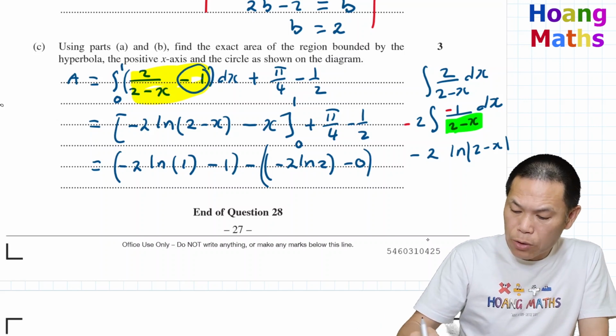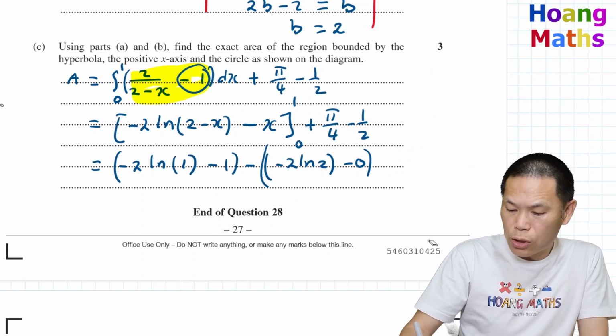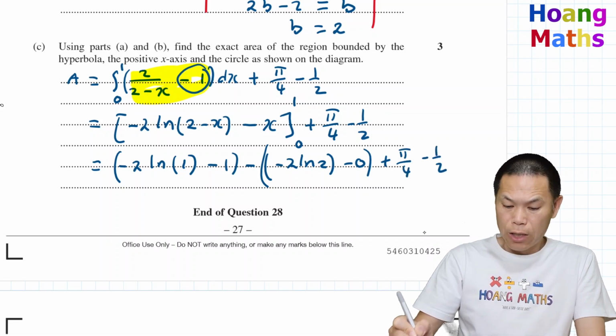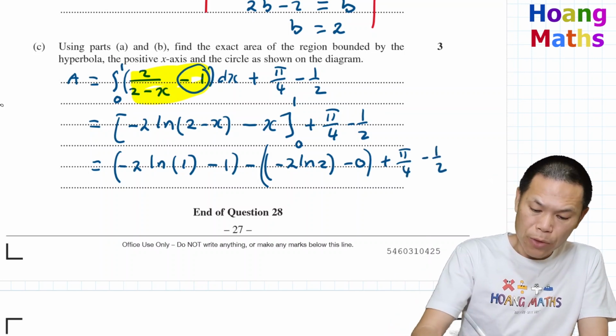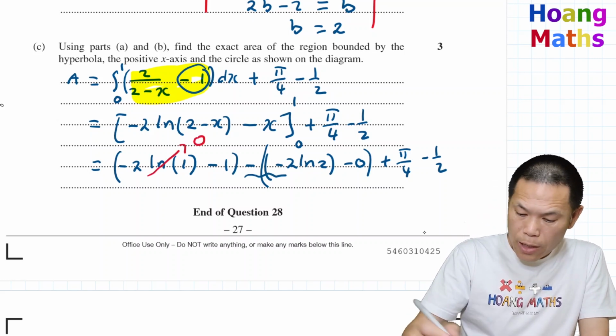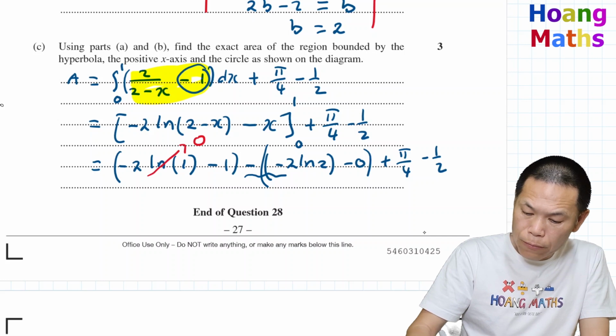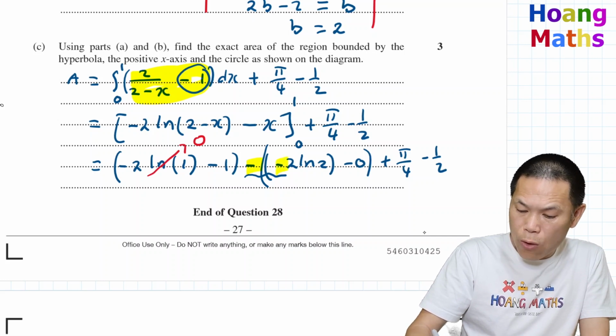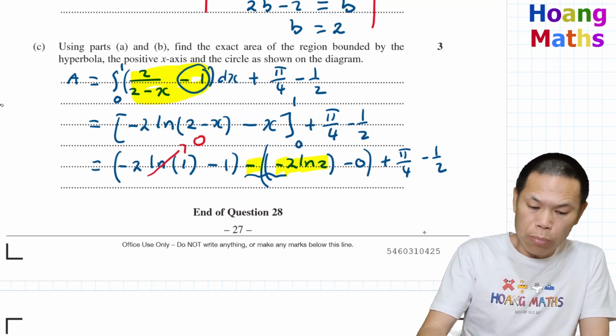And don't forget, let me just clear this first. We just need to plus pi over 4 minus a half. So then we need to simplify further. So this one, don't forget, ln 1 is 0. And we have negative and -2 ln of 2, so that gives me positive.